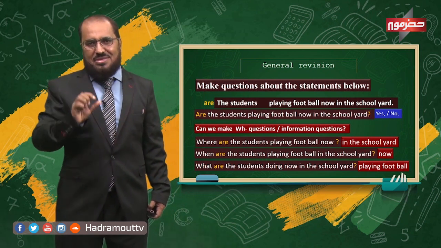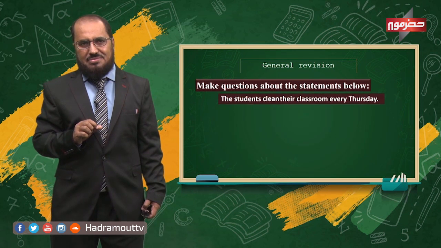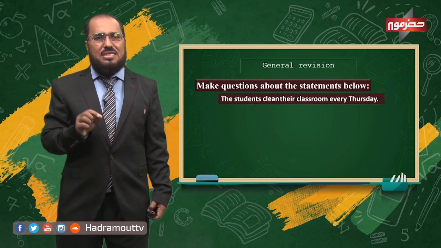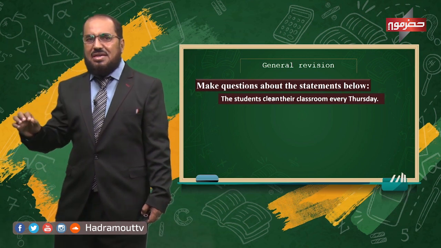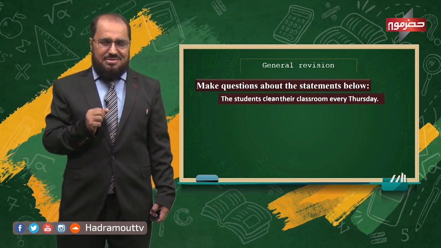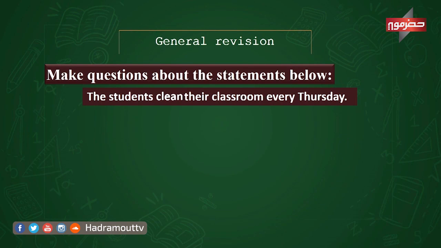Next. Make questions about the statements below. The students clean their classroom every Thursday. Look at the verb, helping verb. هل يوجد بالجملة فعل مساعد؟ Clean. Is it a helping verb? Main verb. هذا فعل حقيقي. Can we put it at the beginning like this?